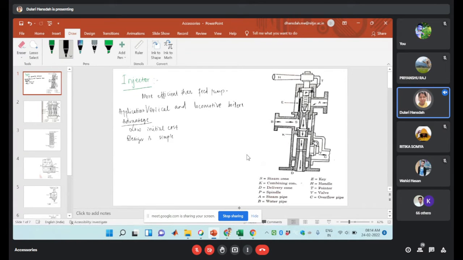Here we do not have any dynamic parts. In this case, thermal efficiency will increase to about 99% as compared to your feed pump. Another one is the ease of operation.